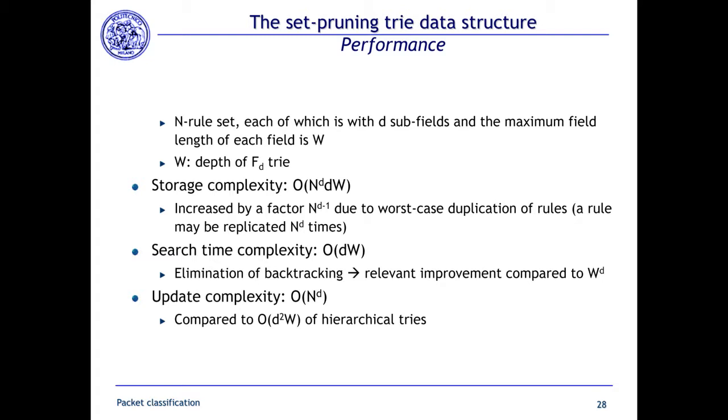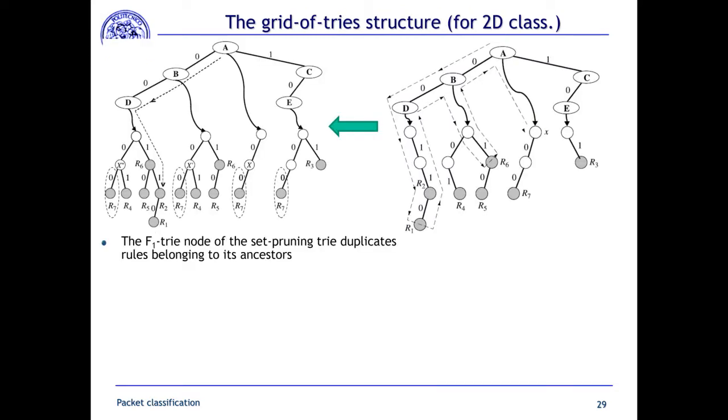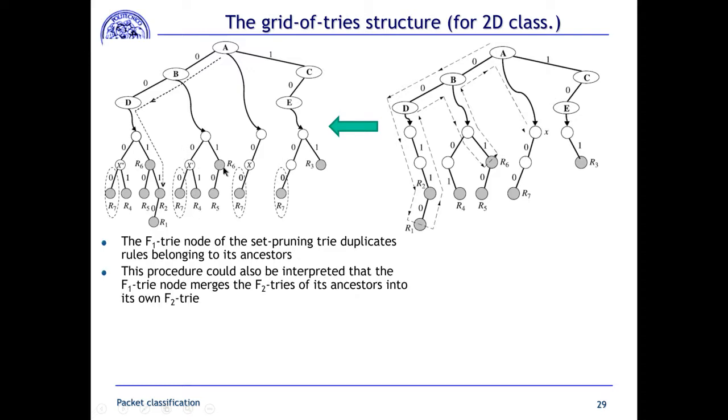There is also another possibility which allows us to avoid duplication, and therefore to avoid the expansion in terms of storage capacity. So this is again the previous example, and this is the corresponding data structure that we obtain with set pruning. Now, instead of duplicating and constructing this big forest of complex trees, we can use pointers.